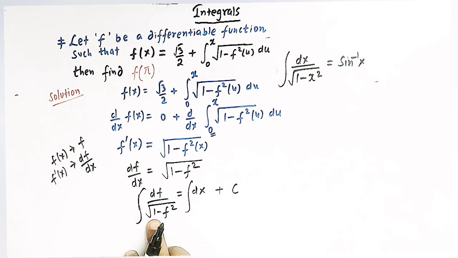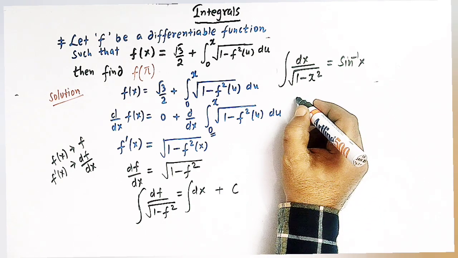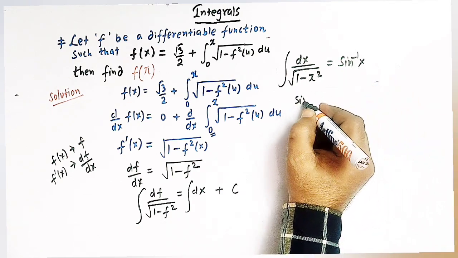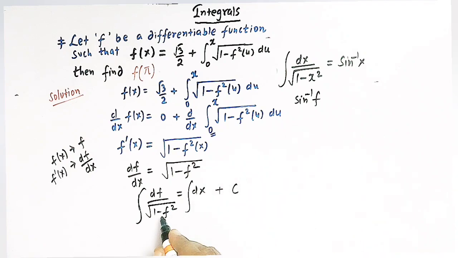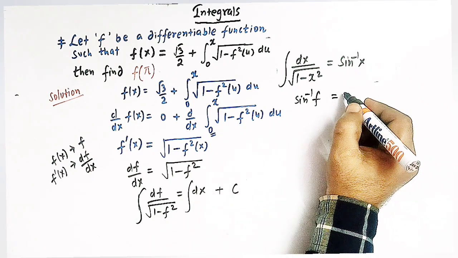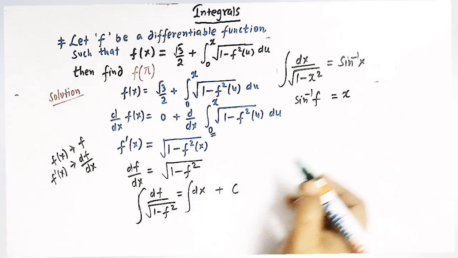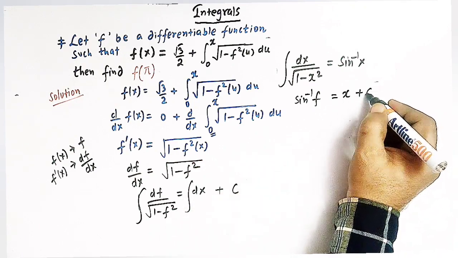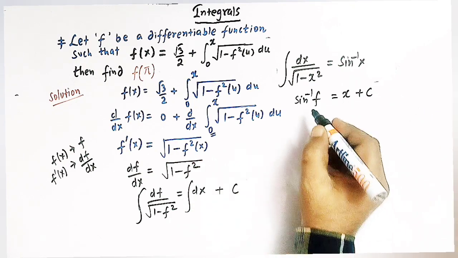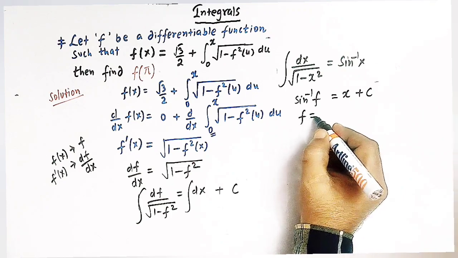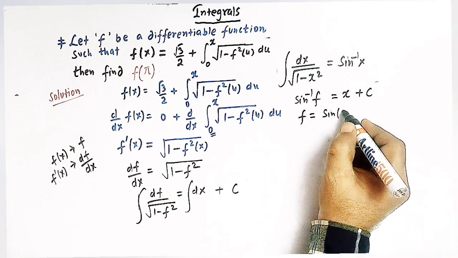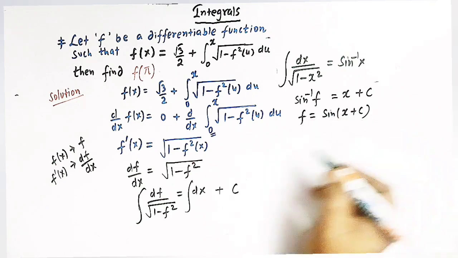So now the integral of df over square root of 1 minus f square is simply sine inverse of f, right? And in the right hand side we have simply x. Integral of dx is x, and c is the constant of integration, right? So now we can write f is equal to sine of x plus c, right?